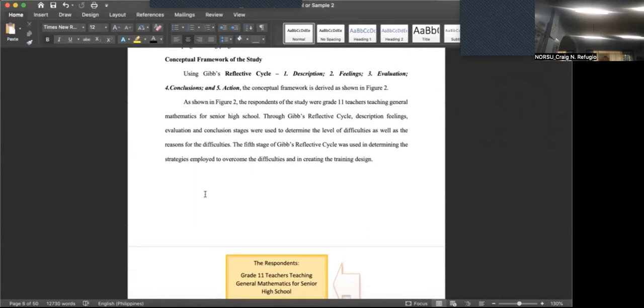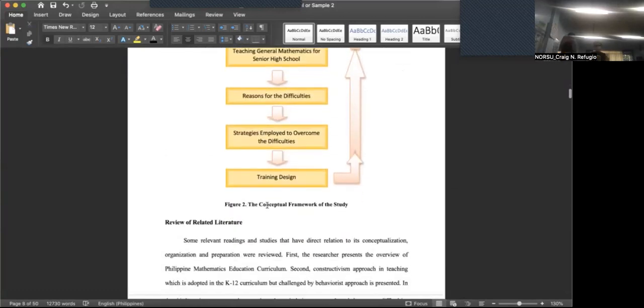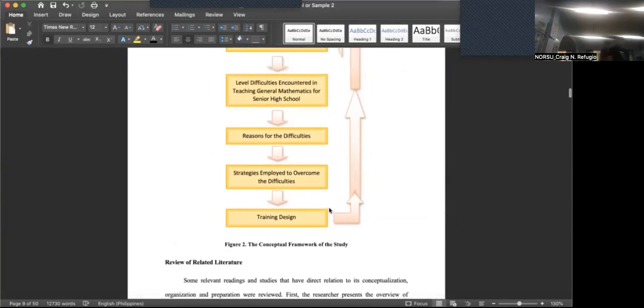Part of the sample model that I have uploaded is on the conceptual framework. The conceptual framework is a framework that diagrams the overall study, the overall research proposal. It is stated as shown in Figure 2, which we call the conceptual framework of the study.